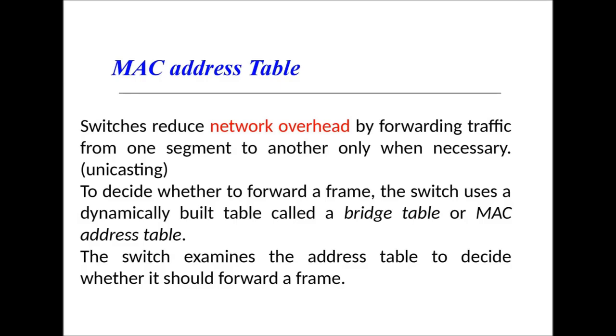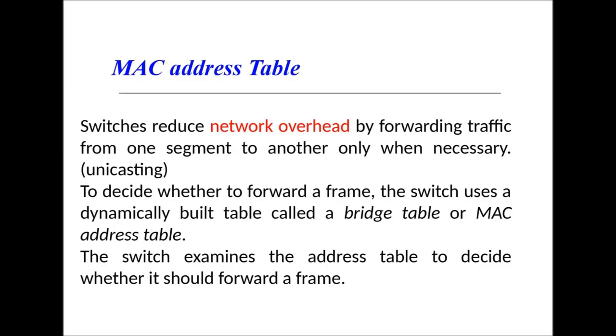There is an example to understand this concept. Let's suppose there are 20 computers in a local area network, and these 20 computers are connected to a switch. If computer number 4 wants to transmit data to computer number 6, a frame will be forwarded to the switch, and the switch will forward the frame of computer number 4 to computer number 6, or PC4 to PC6.